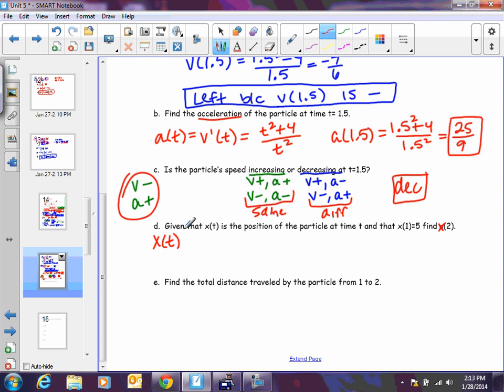So how do we go from velocity back to position? Integrate, right? So we're going to integrate the velocity. If we were going to do this by hand, we definitely need to break this up, and then we'd have some natural log. I'm going to encourage you to use your calculator.